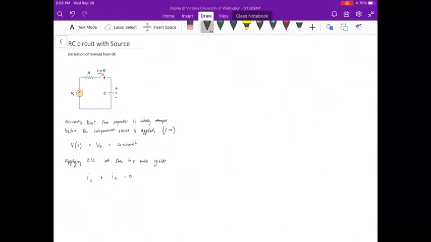By nodal analysis and the definition of capacitor voltage, we can substitute I sub C to be C times the derivative of voltage with respect to time, plus our I sub R in this case, which is equal to (V minus Vs) all over R, and we equate that to 0.